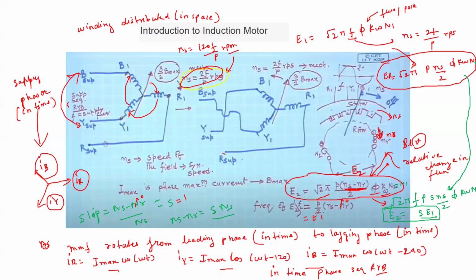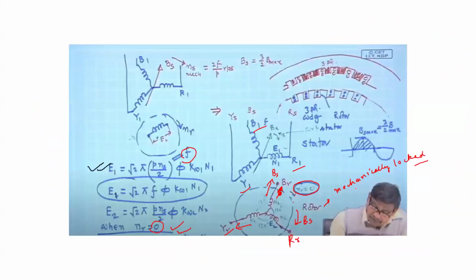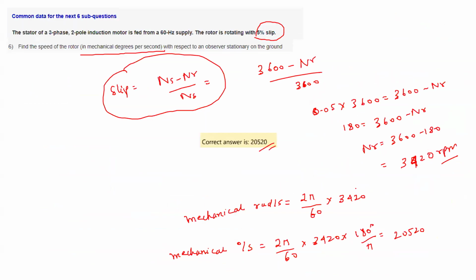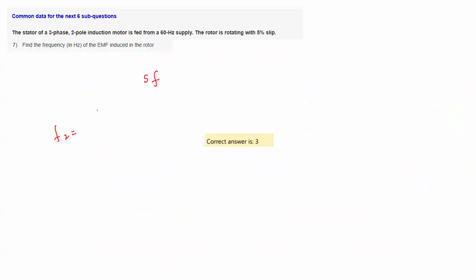So I'll just write it here, that F2 is slip times of F1. This is the relation between F2 and F1. From that discussion only you can find it out. Here the slip is 0.05 and F1 we know is 60.